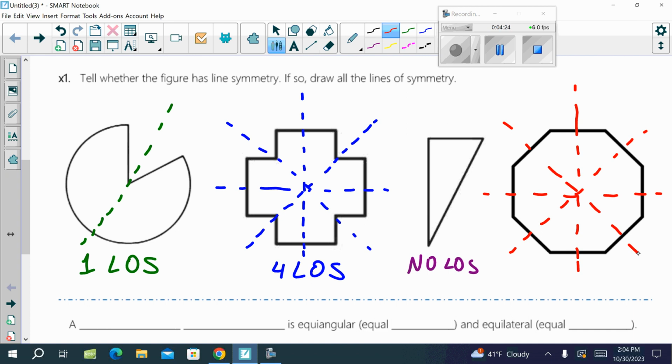At the corner to corner, right? So this one has 8 lines of symmetry. Any questions?